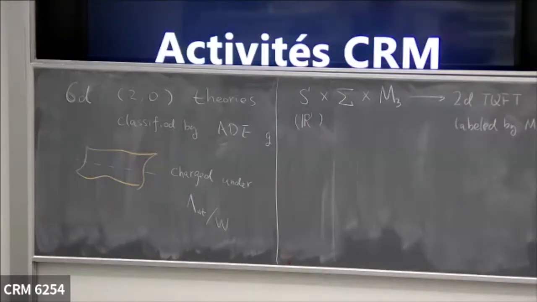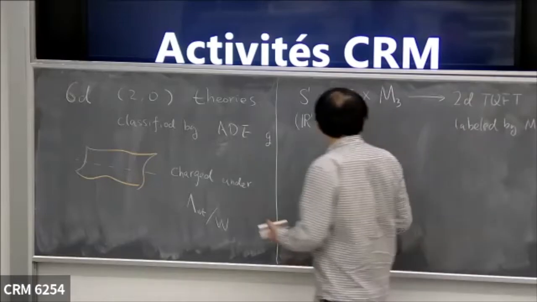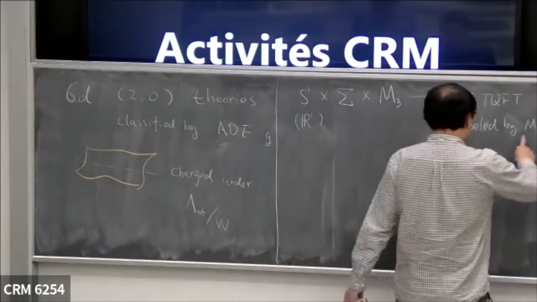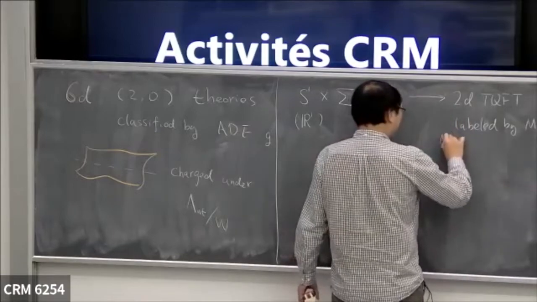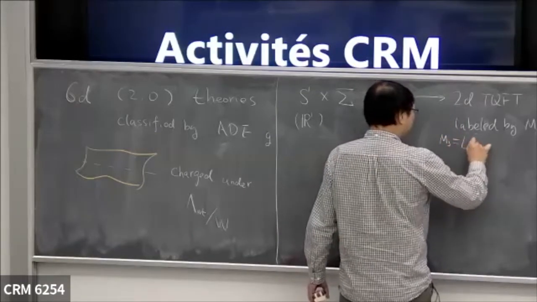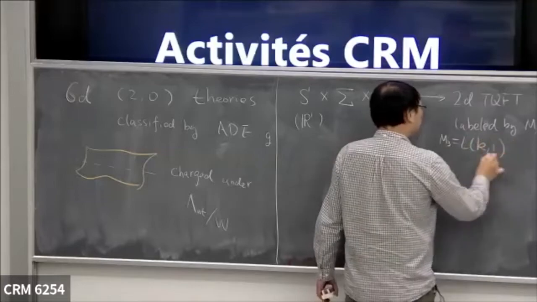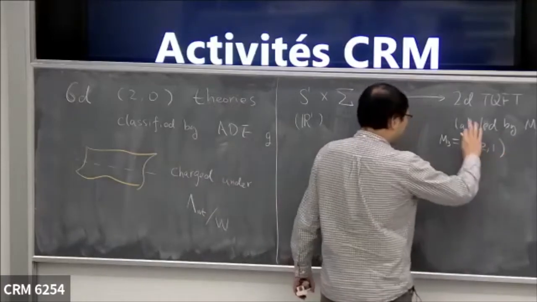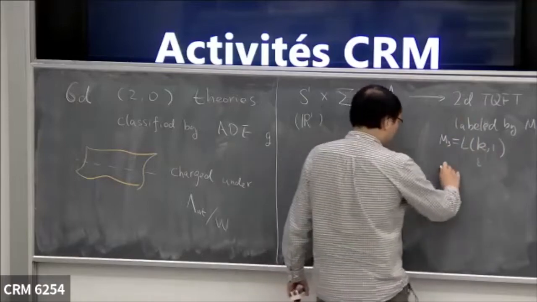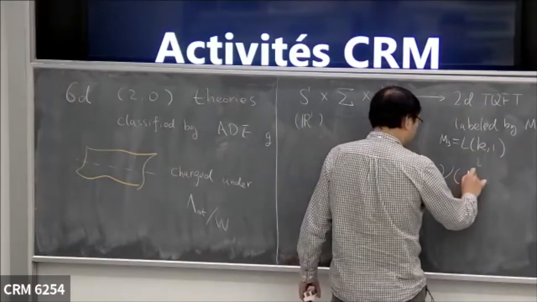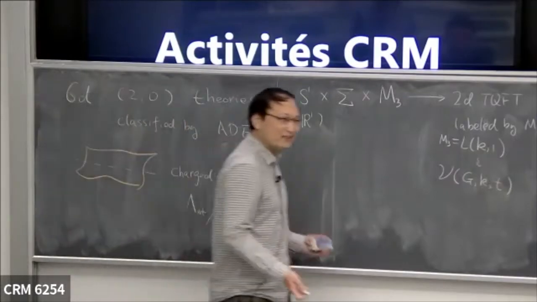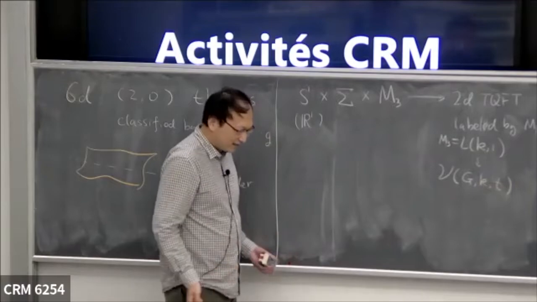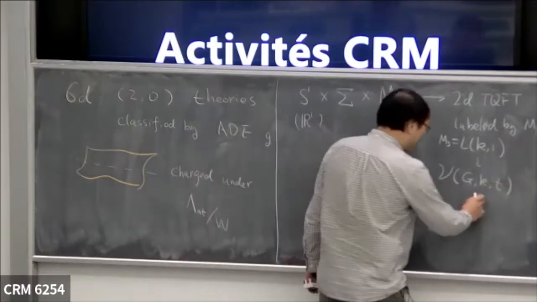So last time we have seen some 3D QFTs, right? And I think I already mentioned that if I take M3 to be a lens space L(k,1), the 2D QFT is exactly this TT-formed version of the Verlinde algebra. And then a natural question is, well, one question that I ask is how to categorify this.